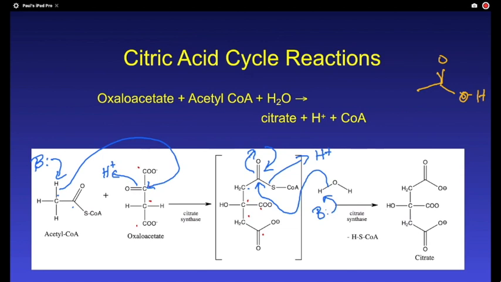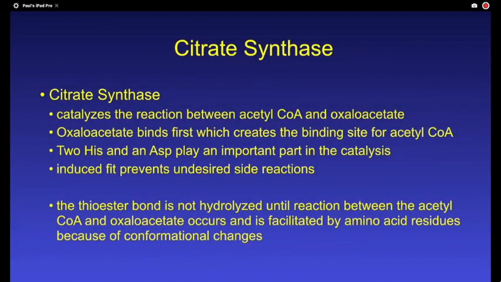Here, I needed a base. Here, I needed a base. Here, I needed an acid. Between the histidines, 2 of them, and the aspartate, 2 of them act as bases, and 1 of them acts as the acid donor. Okay? Because I bind inside, I only react one way. Okay? And it proceeds through this reaction.